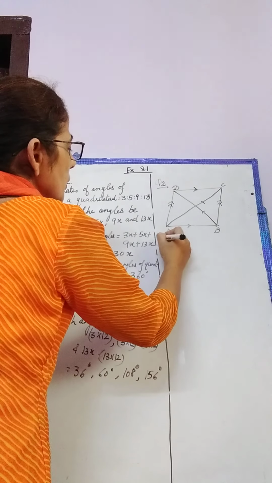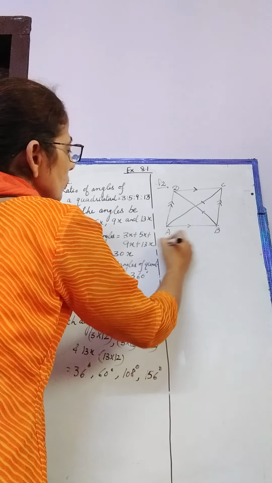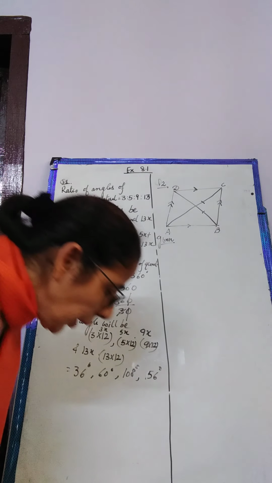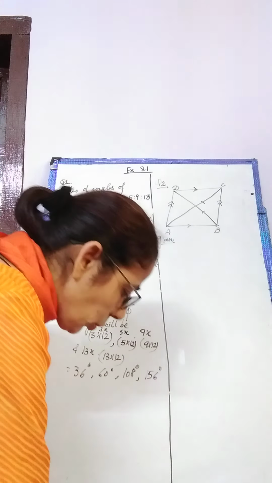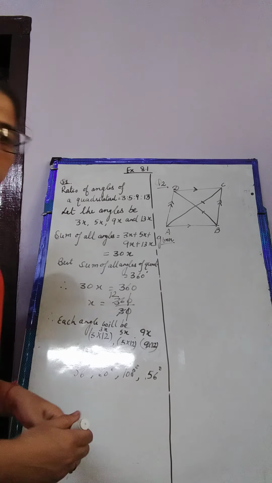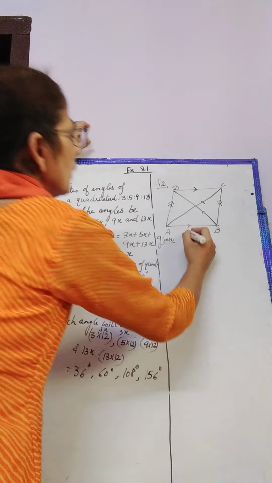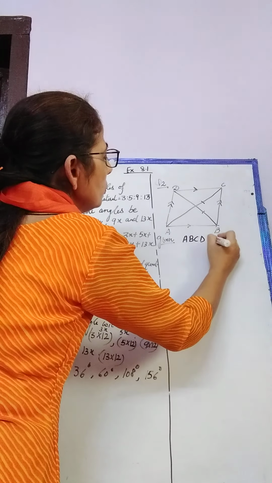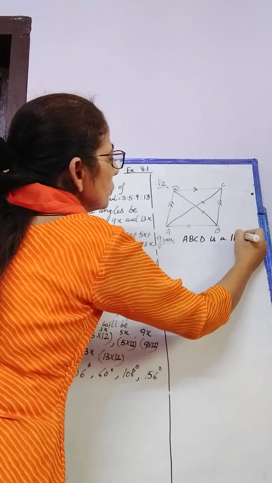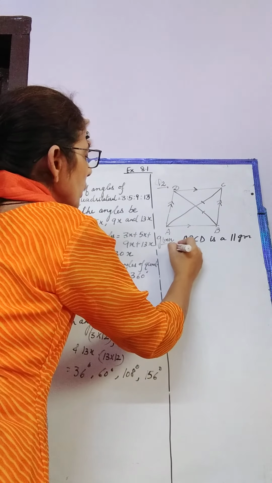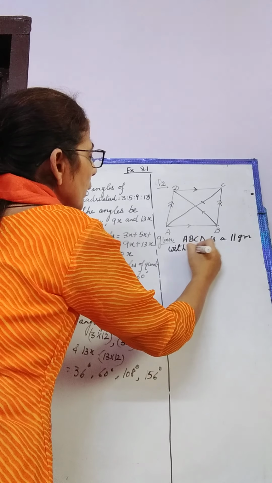Now given is, here it is given ABCD is a parallelogram, so AC equal to BD and AB is equal to CD. Given ABCD is a parallelogram with equal diagonals.